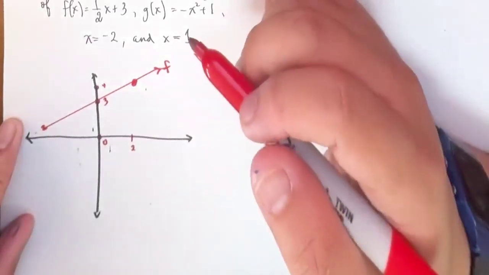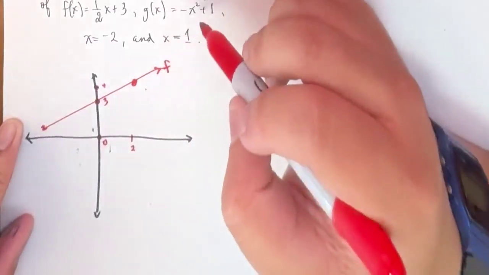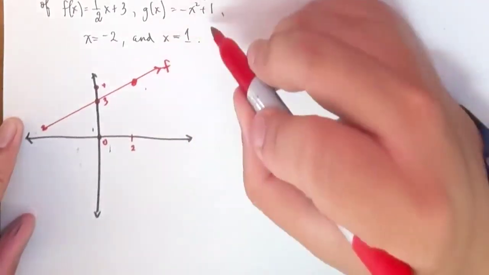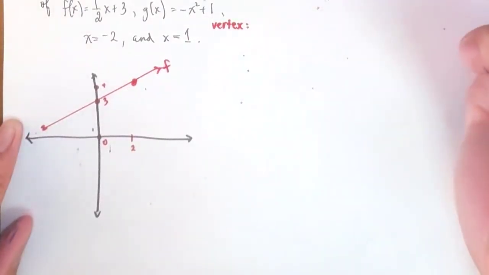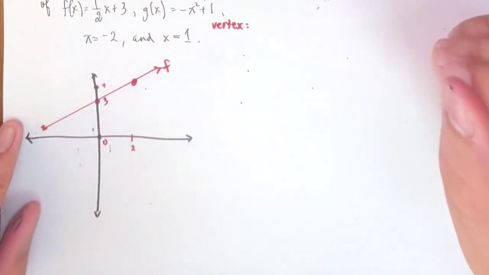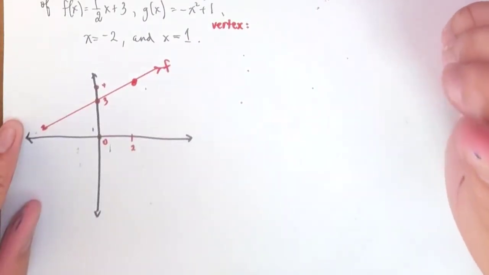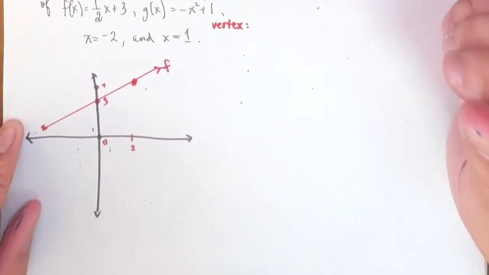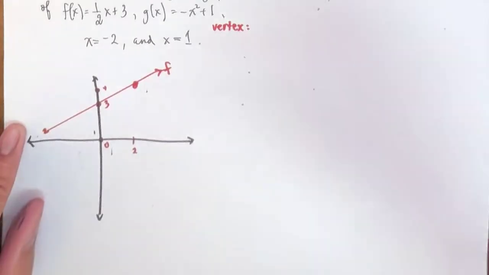Now in this particular example, what we have is the vertex would be... There are many ways to get the vertex.